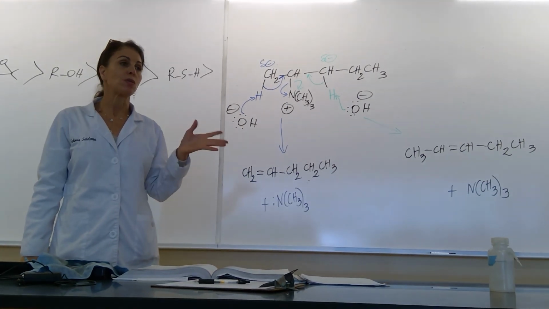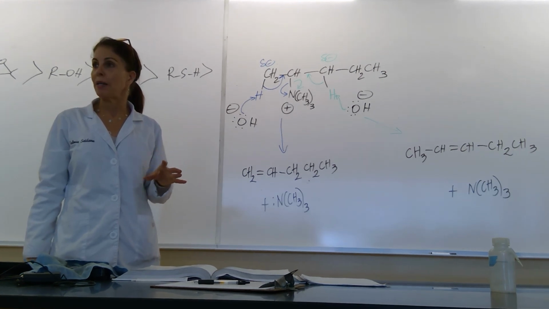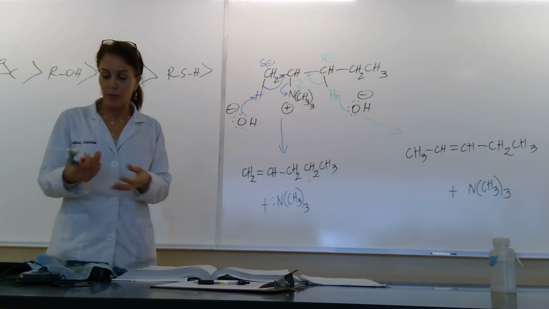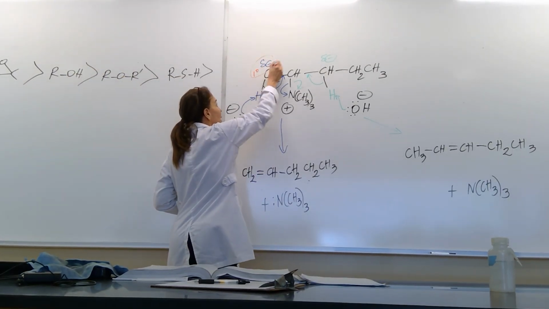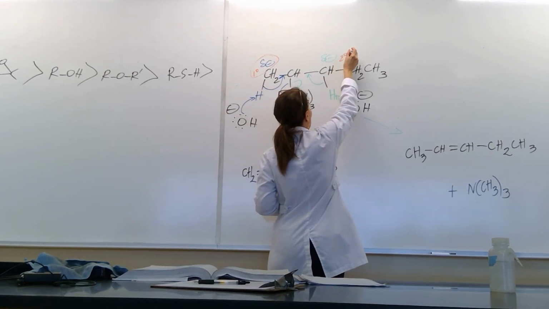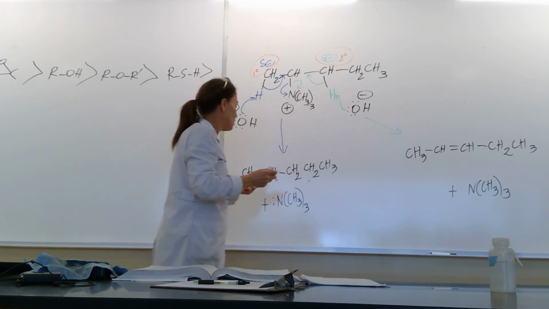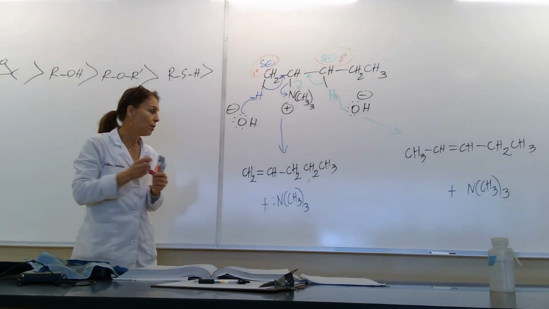No, but between these two, which one would be more stable? The secondary. But because they're carbanion, it's the other way around. So this is a primary carbanion, and this is a secondary carbanion. So this is more stable. So this would be the major.